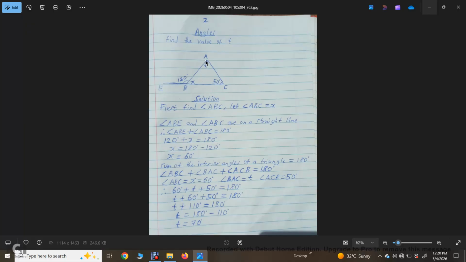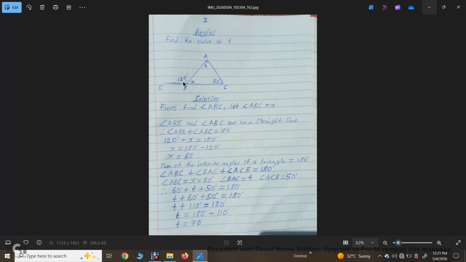Angle ABC plus angle BAC plus angle ACB is equal to 180 degrees. Angle ABC is equal to x, which is 60 degrees.